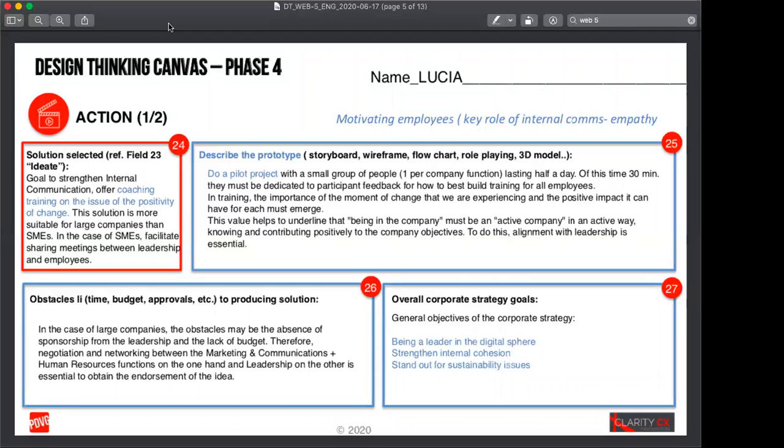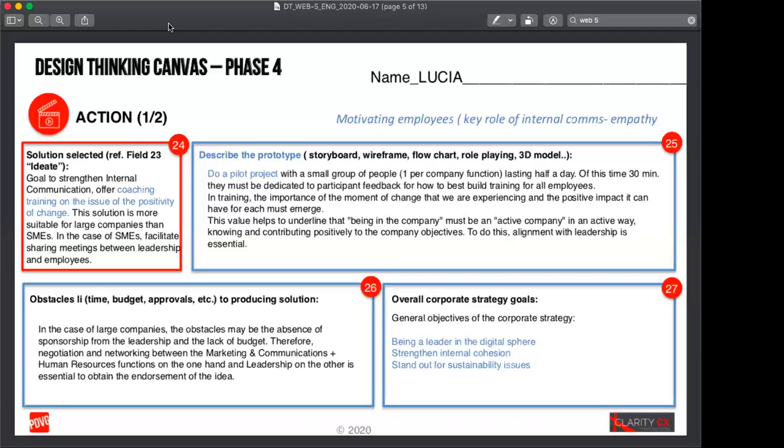So her solution she decided to focus on was to come up with the idea of providing a coaching and training session on the benefits of positive change and working with employees to say, okay, we're going through a tough period, but we want to make sure that we look at the bright side of this and we extract the value from this changing environment we're in.